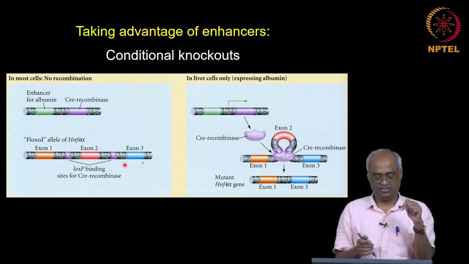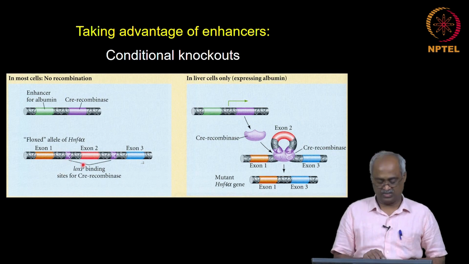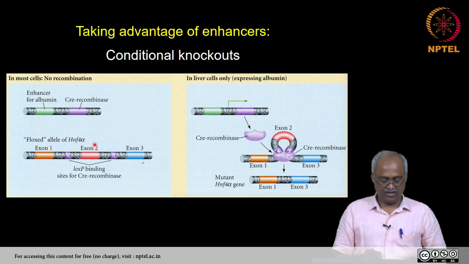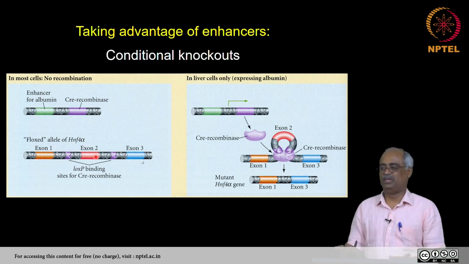The site for Cre, from bacteriophage P1, is called LOXP sites. So, the LOXP sites flank exon 2. People call that floxed, flanked by LOX, so floxed. So, you flox the gene of interest.